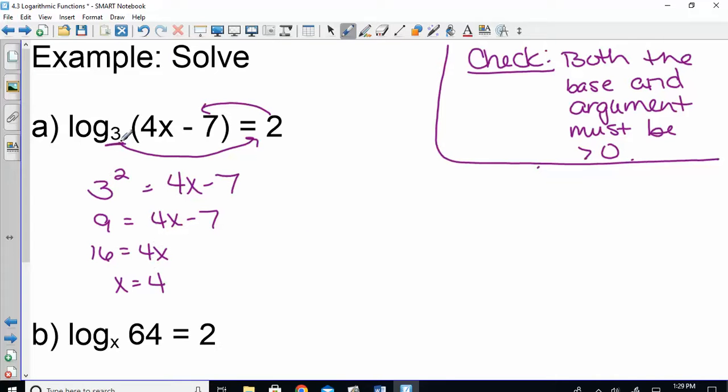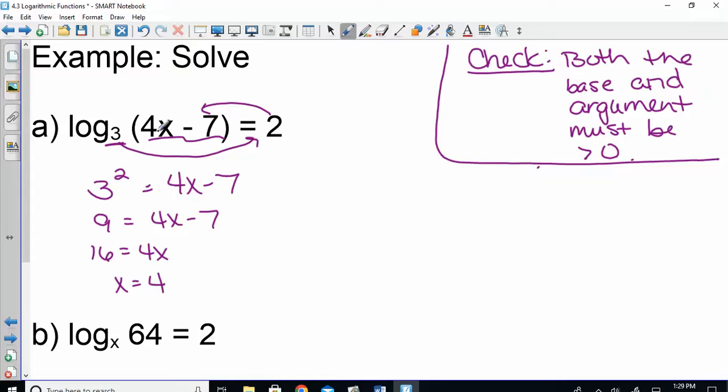So the base of the log has to be a positive number. This thing in the parentheses has to be positive. So just a quick check, when I put in 4 times 4 minus 7, is that a positive number? Yes, so we're okay. If it gave us a negative, then we would just say no solution.